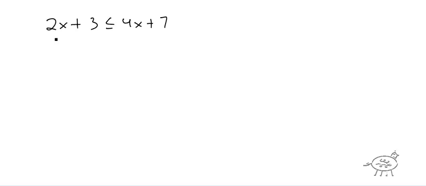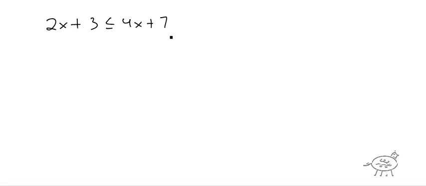So sometimes people like to subtract 2x and move it over. But I'm going to almost discourage you from doing that. The reason is, if you subtract 2x from both sides, it's not like an equation where you can just easily move it over.